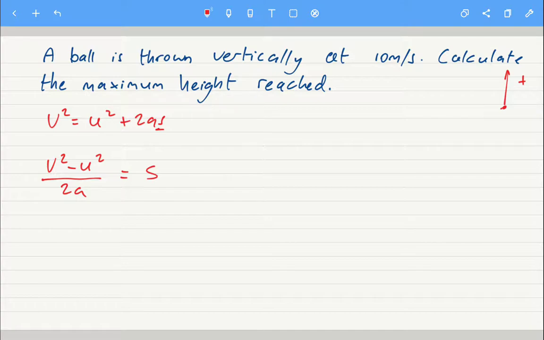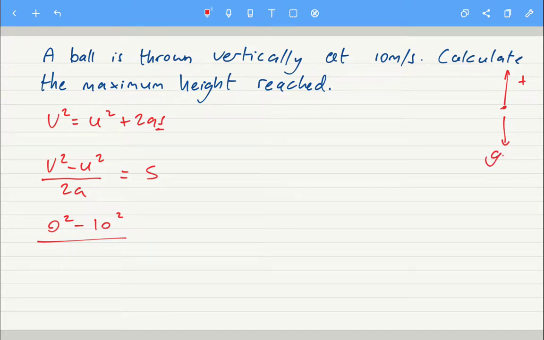Then we just need to put our numbers in. So the final speed, now if you think about it, if you throw a ball upwards, when it reaches its maximum height, its velocity is going to be 0. So that's just 0 squared. Minus the initial velocity squared, well, the initial velocity is 10, so that's 10 squared. Divided by, now the acceleration is the acceleration due to gravity, but gravity is acting downwards.